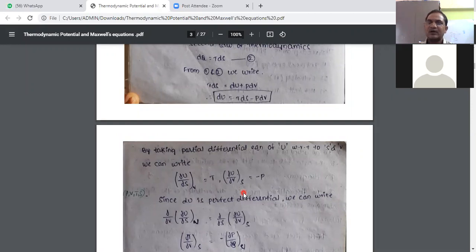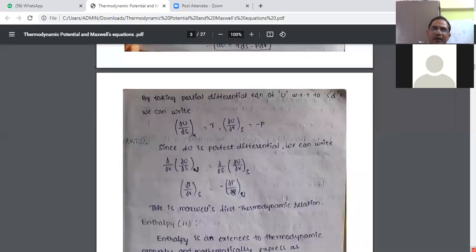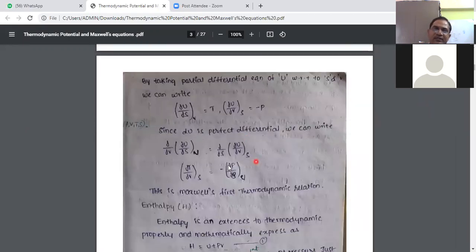So from partial differentiation theorems, we have the concept that ∂²u/∂x∂y equals ∂²u/∂y∂x. According to that, here ∂²u/∂v∂s is equal to ∂²u/∂s∂v. So you take ∂/∂v of (∂u/∂s) at constant v is equal to ∂/∂s of (∂u/∂v) at constant s.